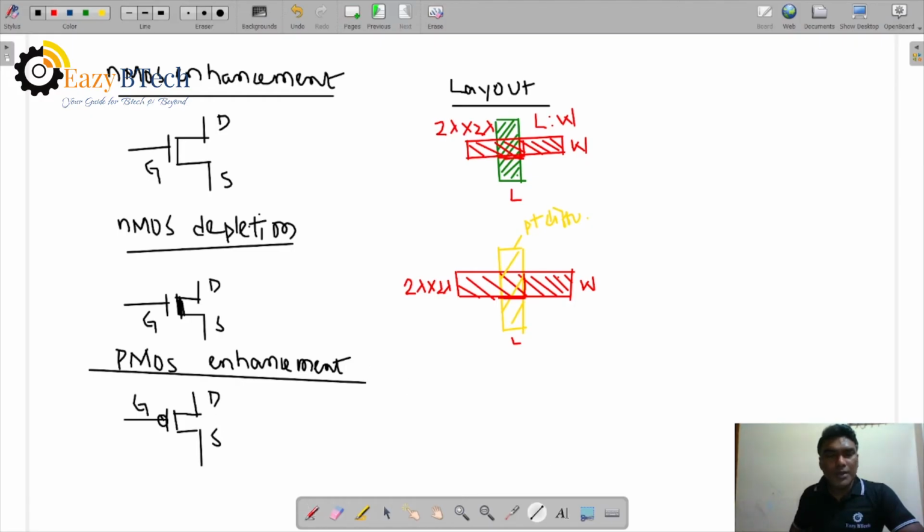How can you represent this one? It is a depletion mode transistor. It is red over yellow with red over yellow, right?